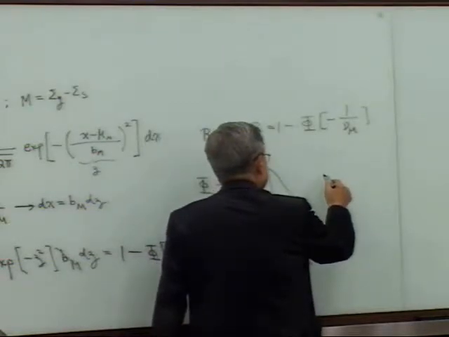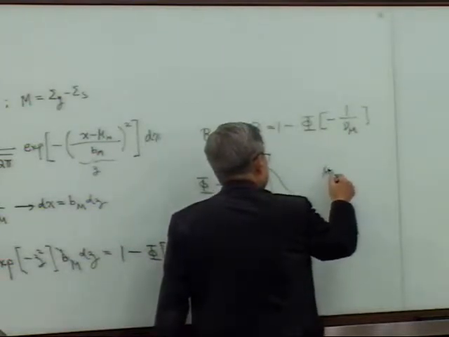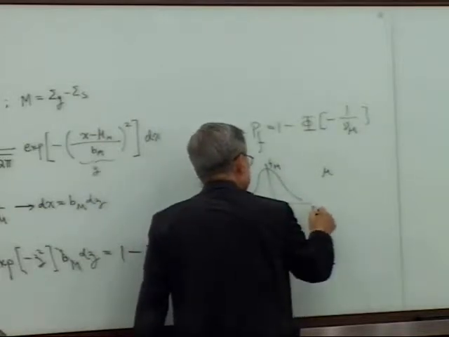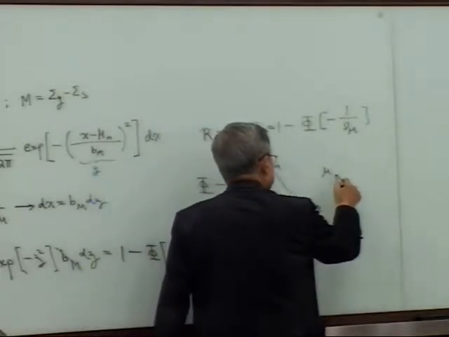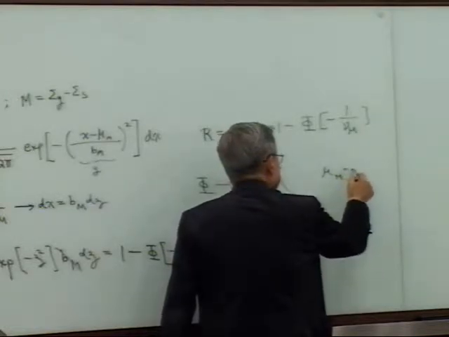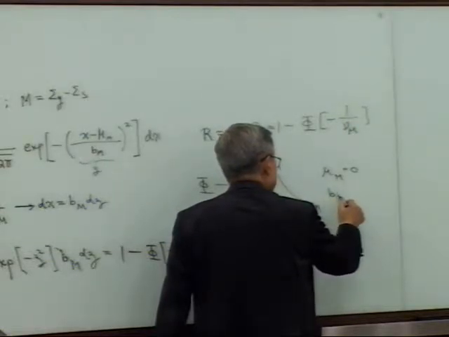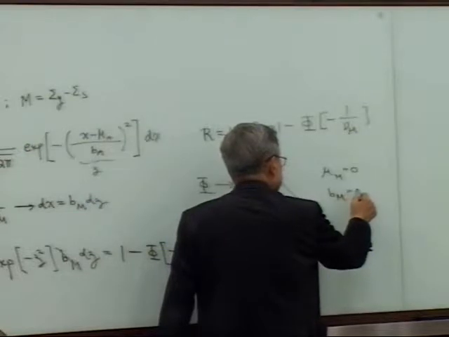So the mean mu_M is equal to 0, and the standard deviation sigma_M is equal to 1.